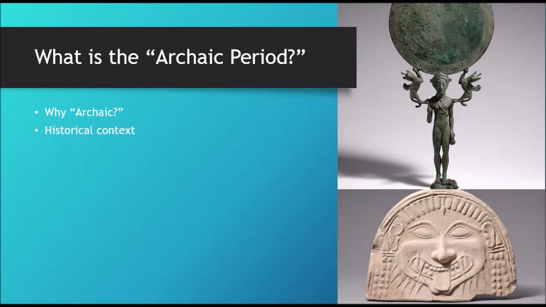Archaic means antiquated, it means old-fashioned, and in some terms it's even seen as primitive. The term was actually chosen by art historians who wanted to stress what they perceived as a juxtaposition between the undeveloped art of the time and the subsequent classical period.